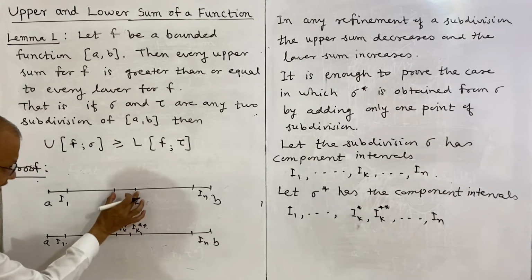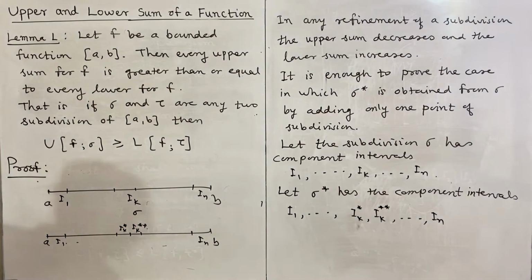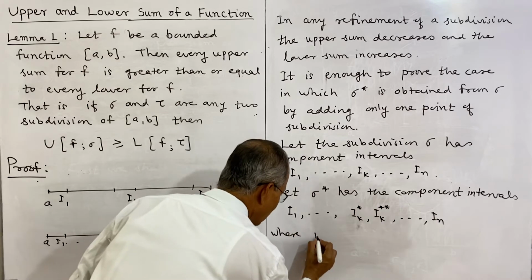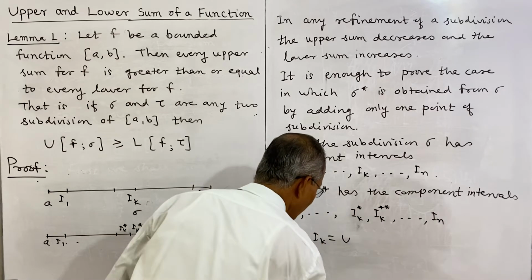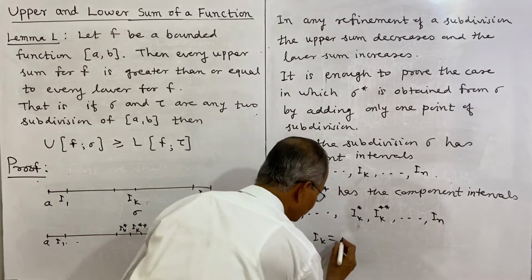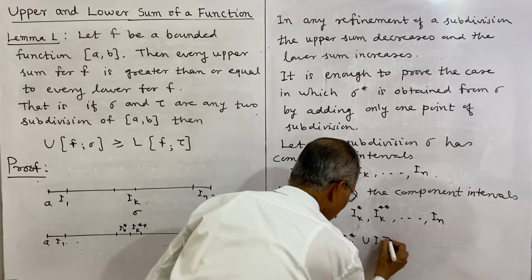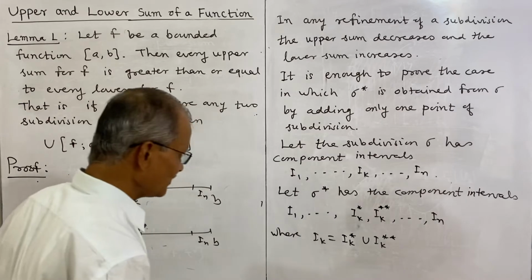So Ik is the union of Ik star and Ik double star. Similarly, what will be the length of Ik?